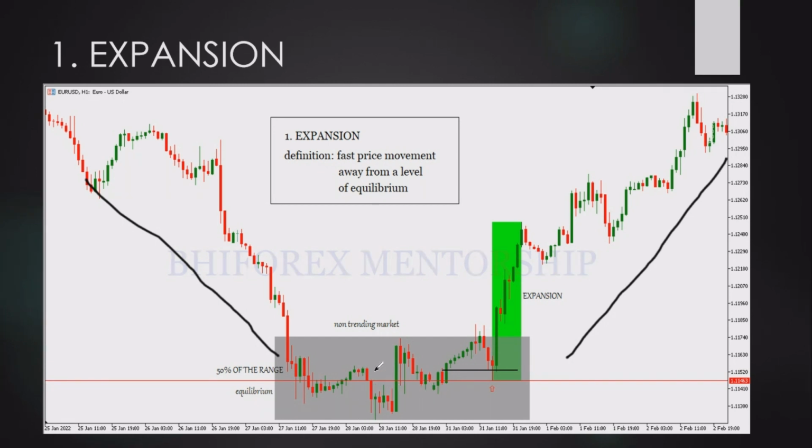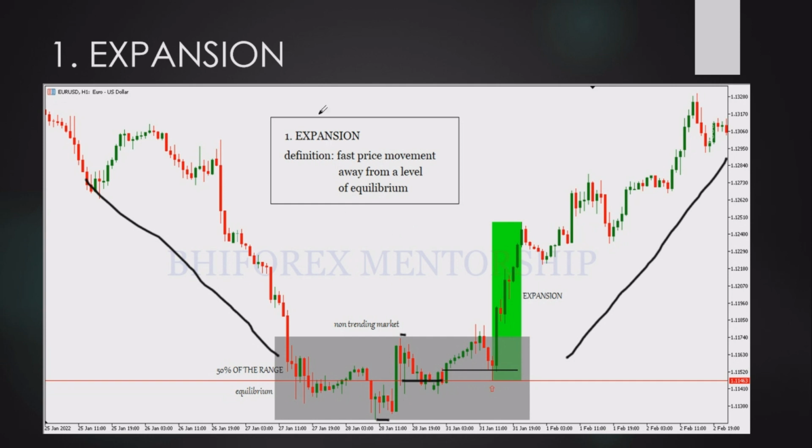So inside this gray area, we can find a high to be there, and we can also find a low to be here, right? And this highest high and lowest low gives us a range inside the sideways market. After getting that, we can get the 50% of that range to be the equilibrium.